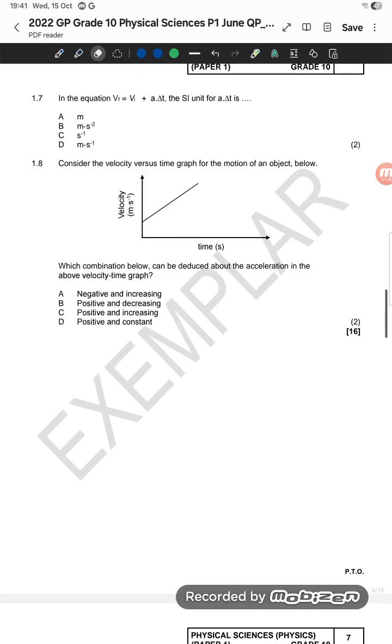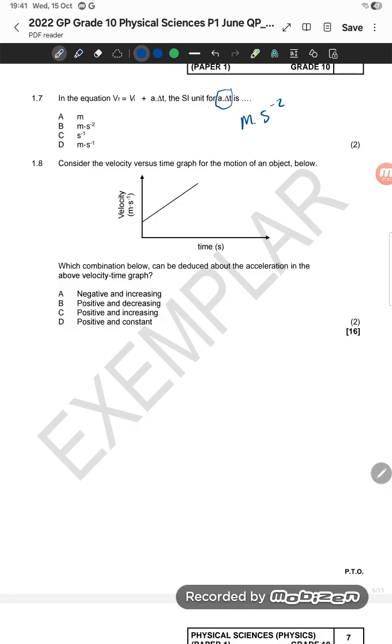Okay. In the equation, velocity final is velocity initial plus the acceleration and the time it took to accelerate. Cool. The SI units for acceleration times time. Now let's think about acceleration times time. What is acceleration? It's meters per second to the minus 2.